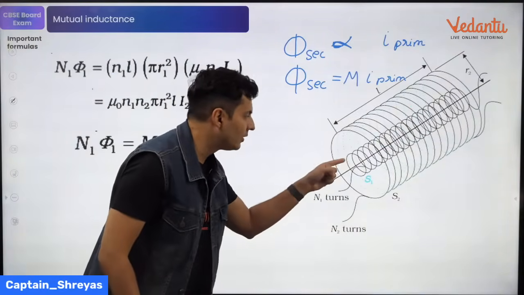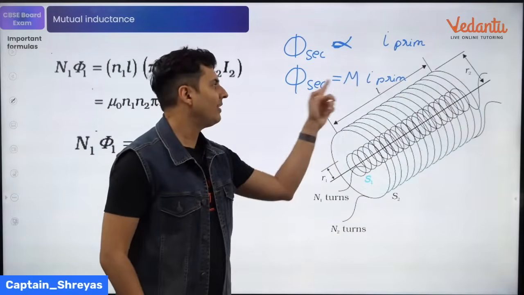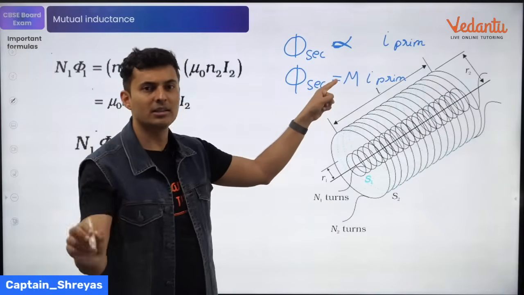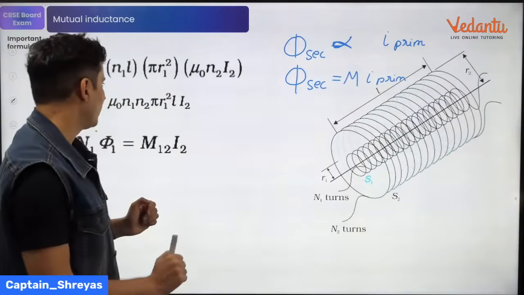So the current in the first coil causes flux in the other coil. So if you find the ratio, that is going to give you the mutual inductance between the coils. Okay, that's very, very important.